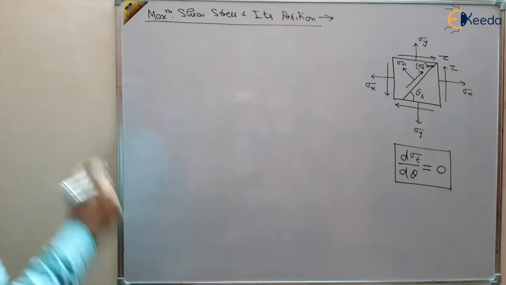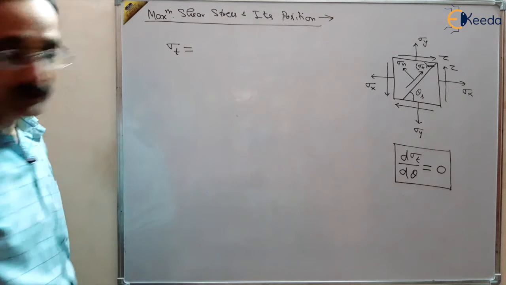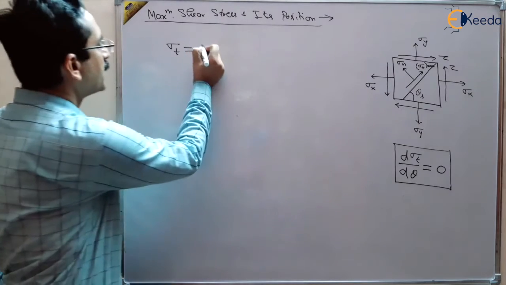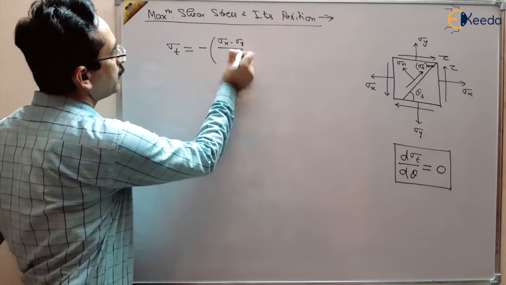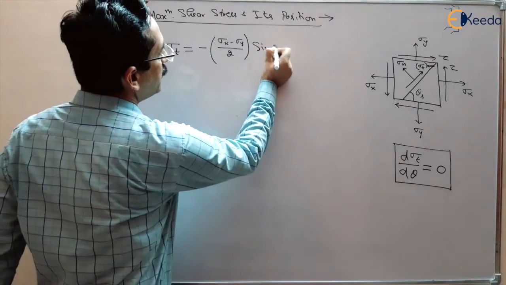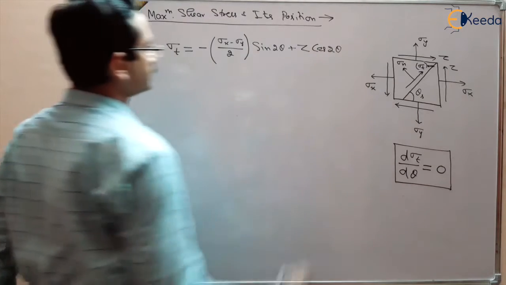Now what is the value of sigma t? Our sigma t was minus (sigma x minus sigma y) by 2 sine 2 theta plus tau cos 2 theta.